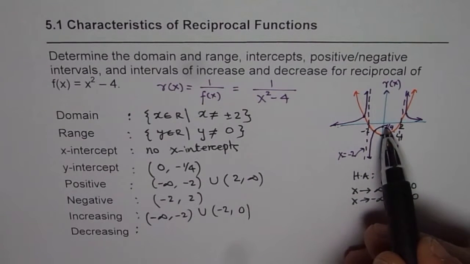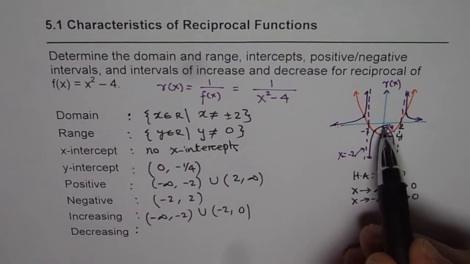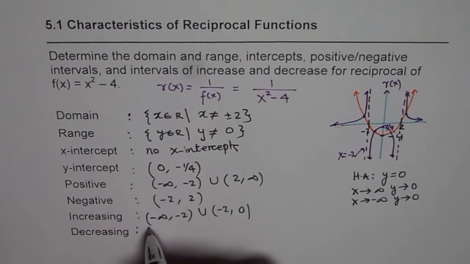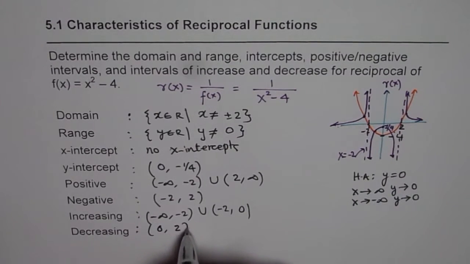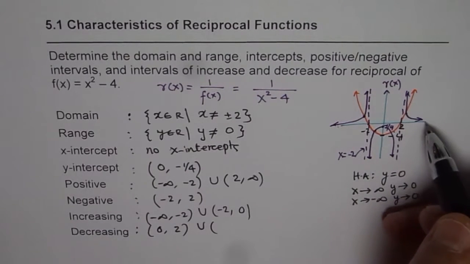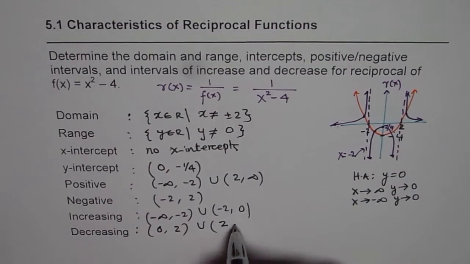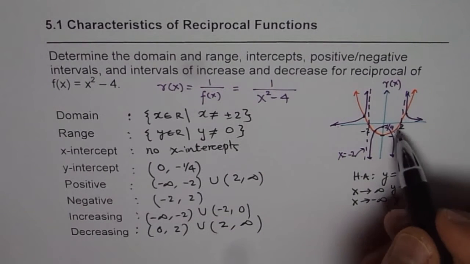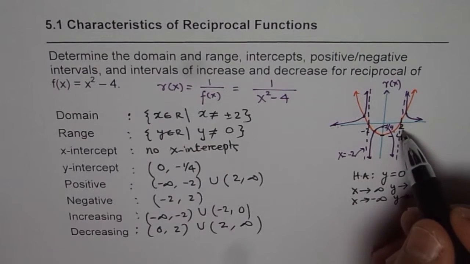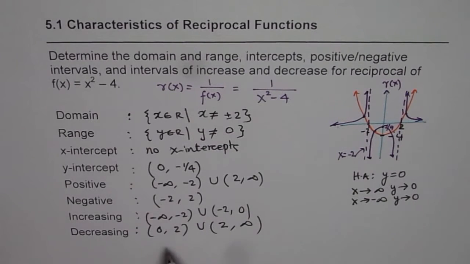You can see the value decreases from minus 1 over 4 to minus infinity, from 0 to 2, and then it further decreases from 2 to infinity, right? So on this right side of x equals 0, the graph is decreasing. And of course 2 is not in the domain, so that's why we have 2 different intervals here.